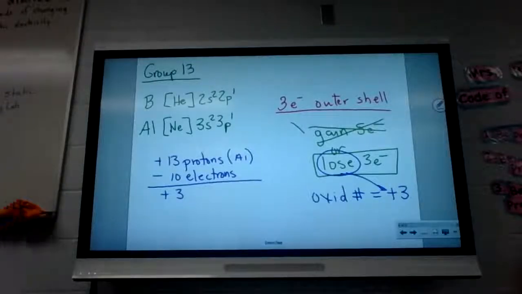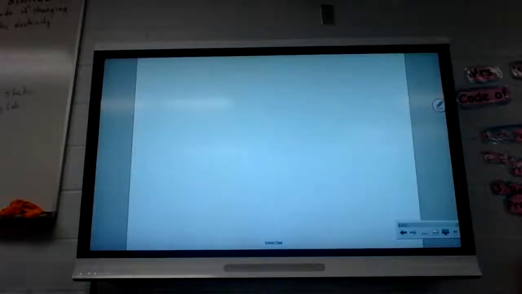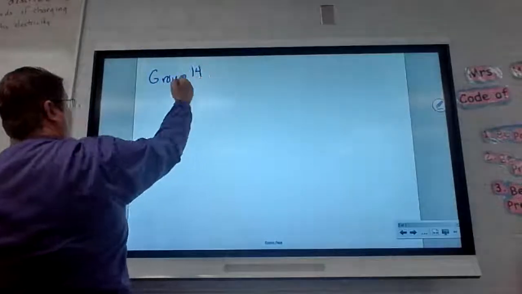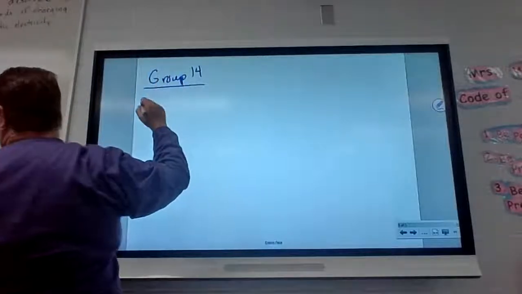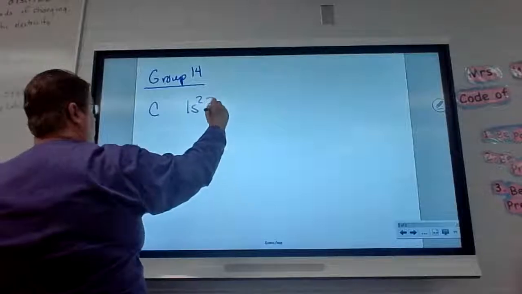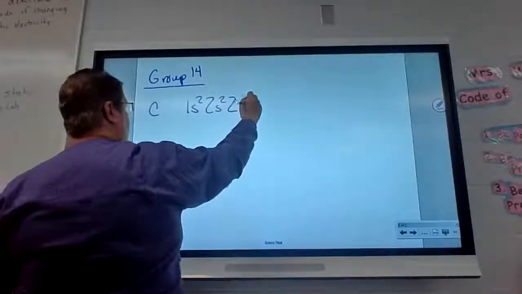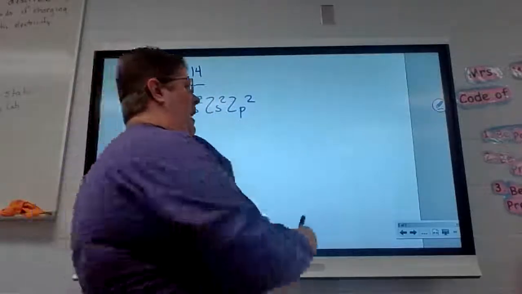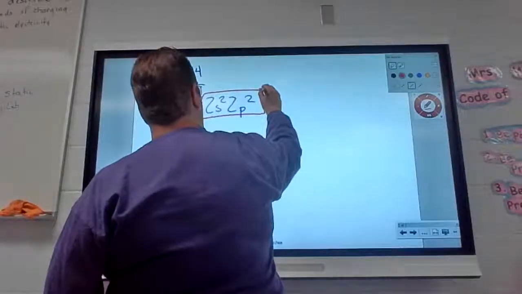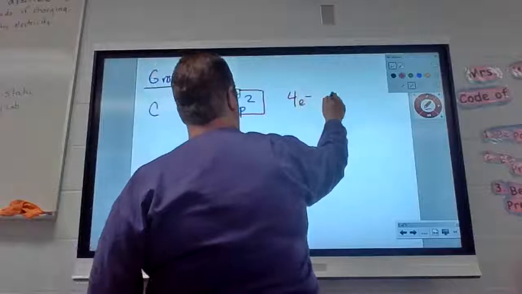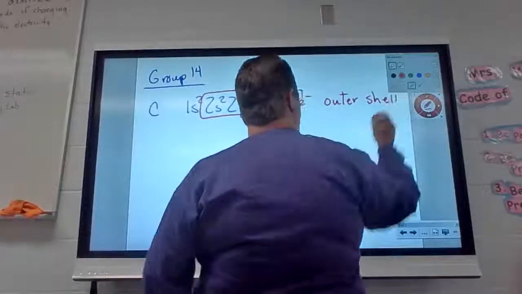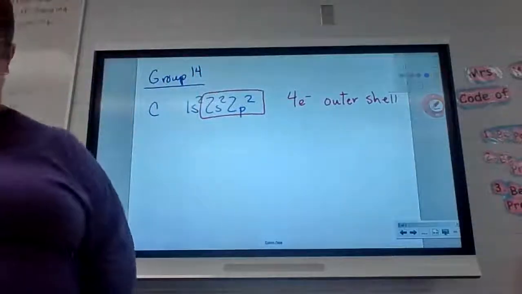Yes. Okay. Now, what's going to happen when we get to group 14? All right, and I'm just going to pick carbon. I'm only going to write 1. What's its outer shell have? It has 4. So what happens when you have 4 electrons in the outer shell?